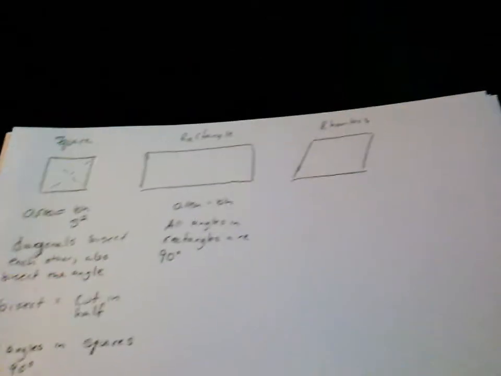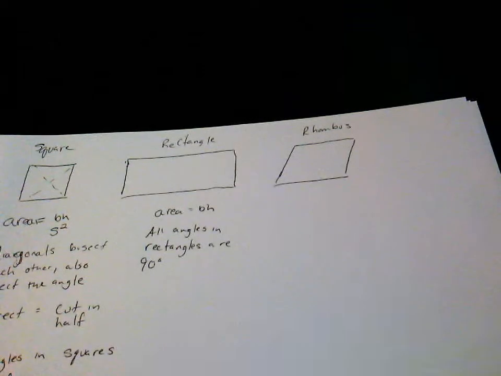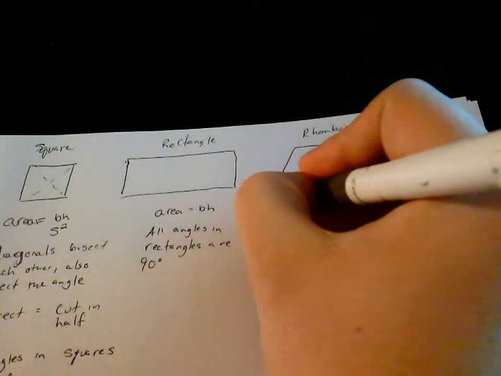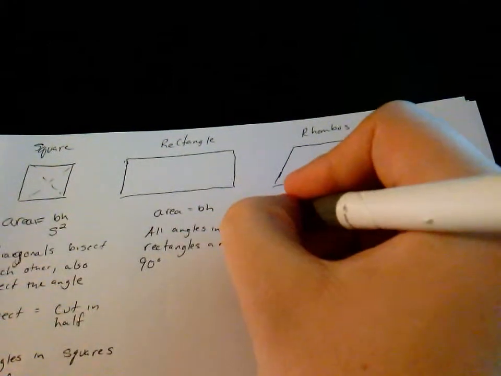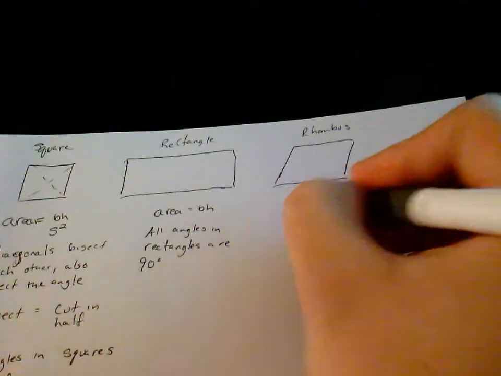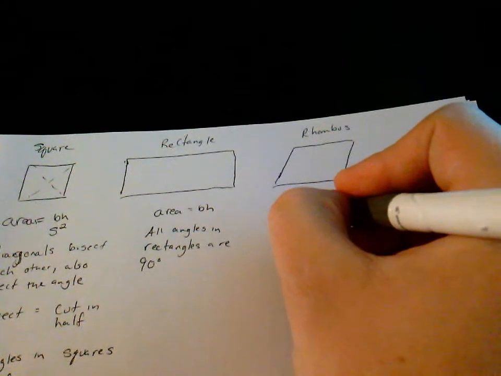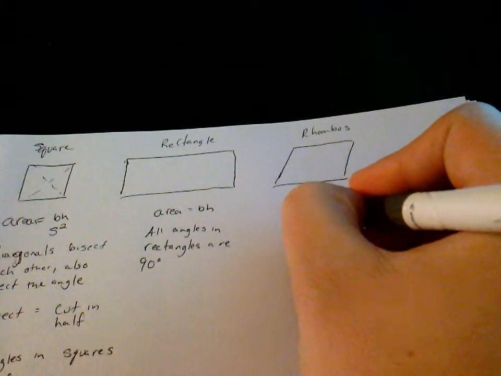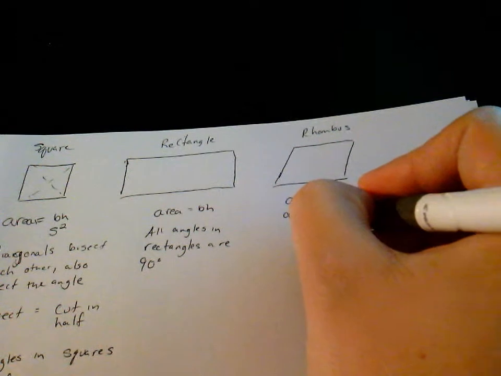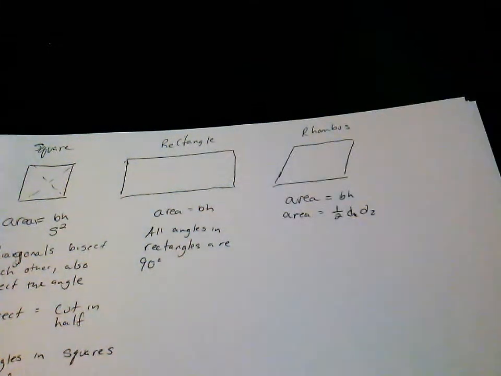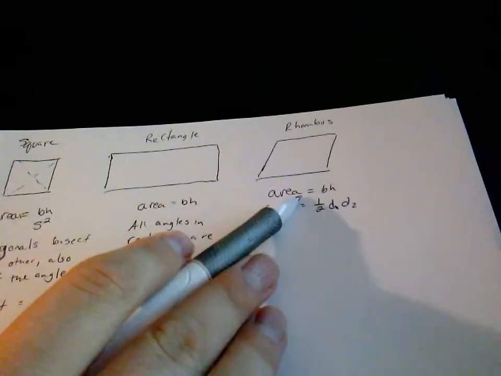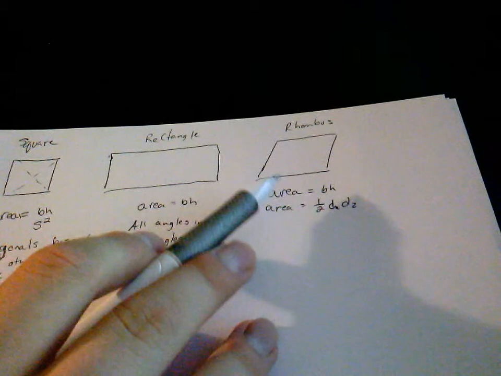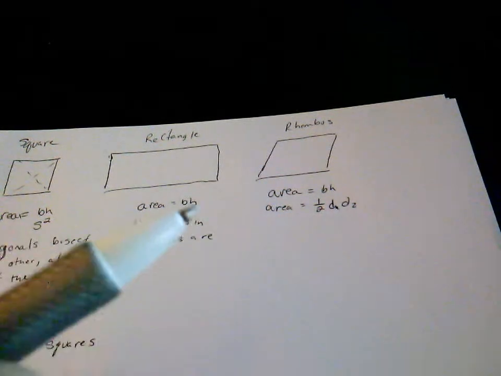And finally, rhombus. Rhombus is a little bit different. You can find the area in two ways. Area equals either base times height, or area equals 1/2 times diagonal 1 times diagonal 2. There will be times where I'll give you this, and there'll be times I'll give you this, and you should be able to find the area from both ways.